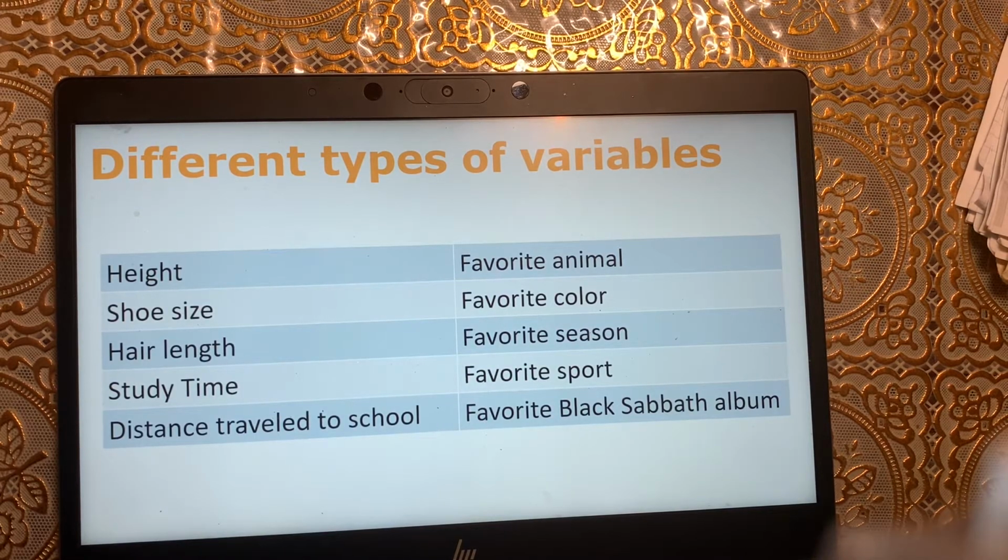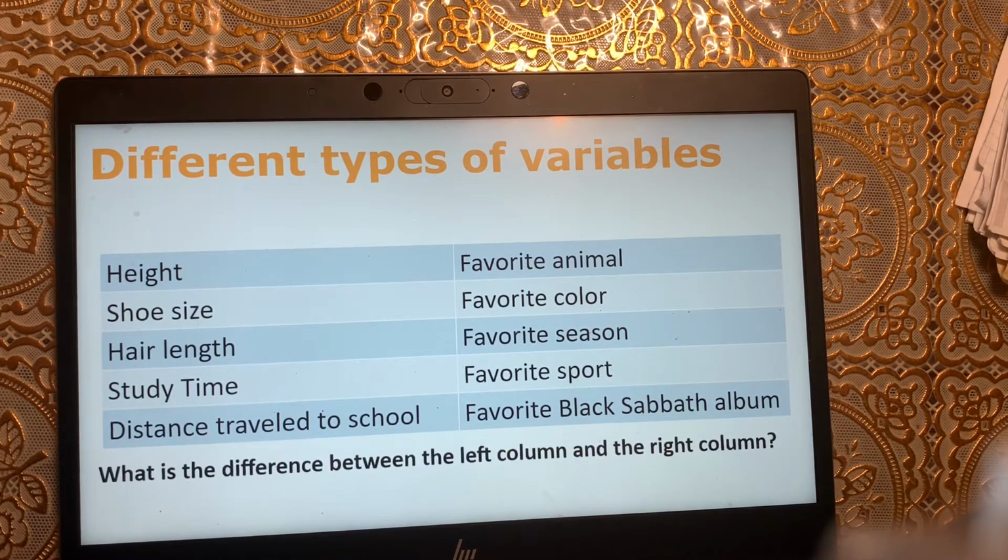Let's see about variables. Look at the two columns. In the first column, you see height, shoe size, hair length, study time, distance traveled, and so on. On the second one, you see favorite animal, favorite color, favorite season, favorite sport, favorite Black Sabbath album.